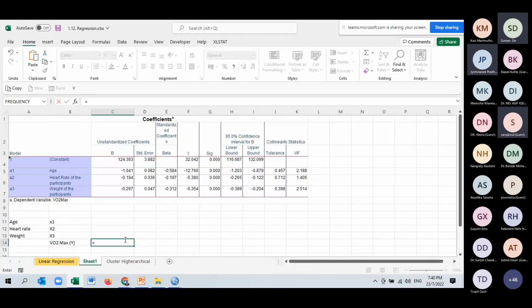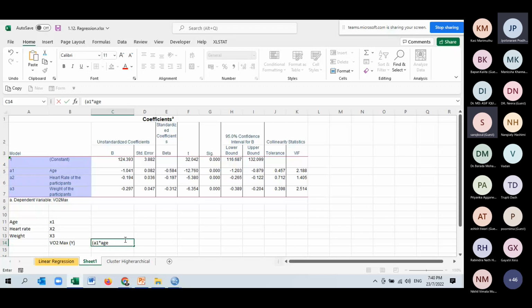A plus BX, right? So A1 multiplied with age, otherwise we can also write X1 age. I'm just explaining the formula for you to understand.